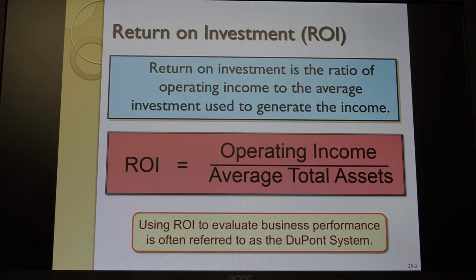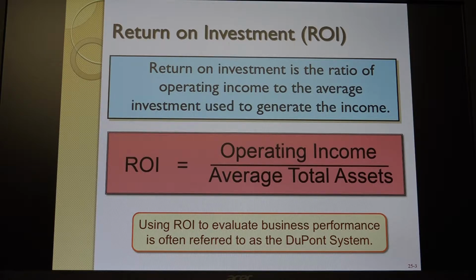One of them would be looking at the company's or certain segments of the company's return on investment, which shows how they are producing operating income based upon the assets that are being allocated to that particular company or segment.